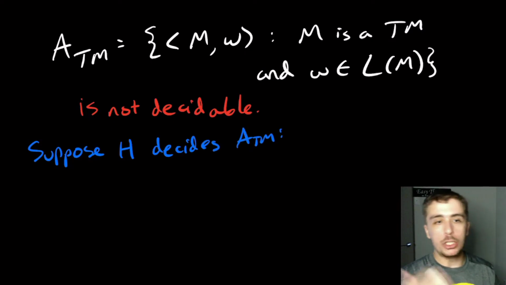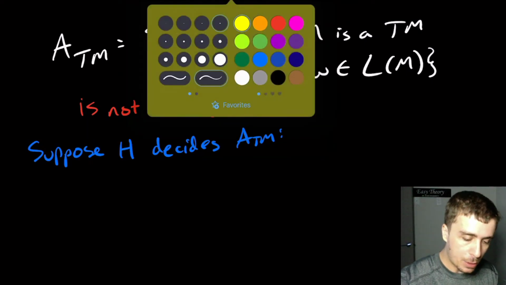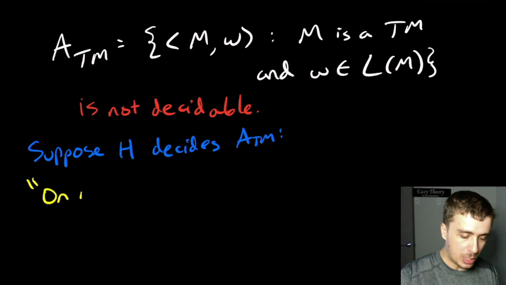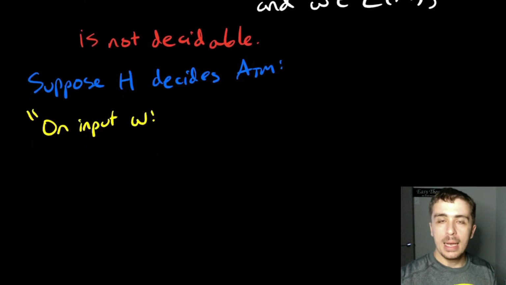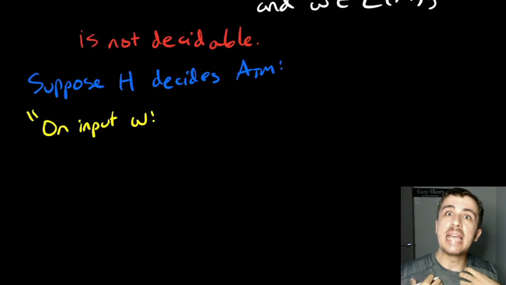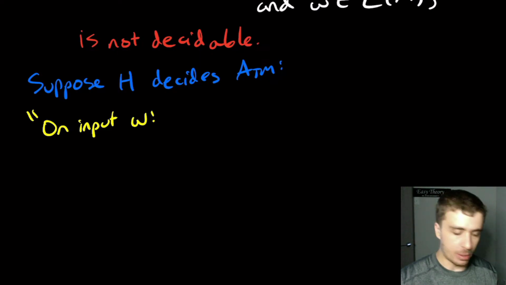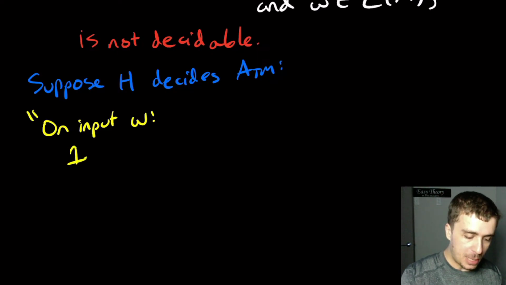Then I want to make a decider that will have a logical contradiction in it. So I'm going to build a Turing machine, which is going to get any arbitrary input W. And what it's going to do is get its own description, which we know we can do with the recursion theorem. So the first step is to obtain own description.